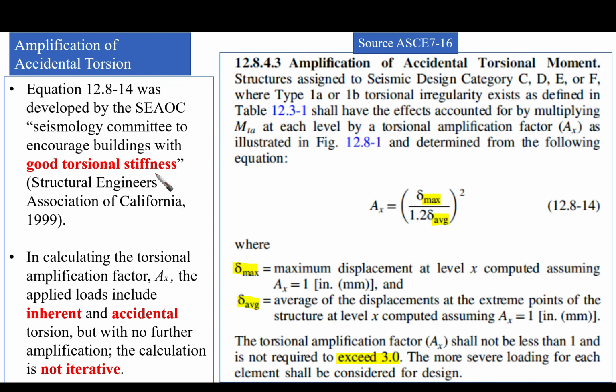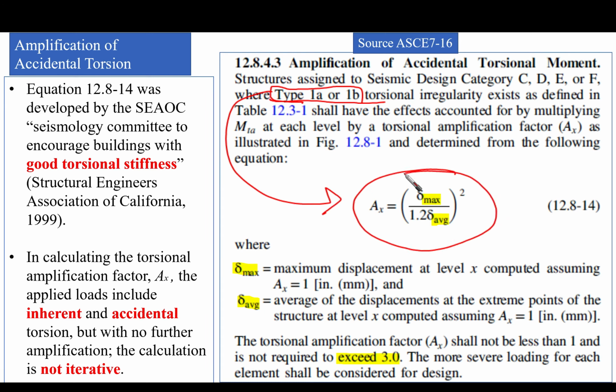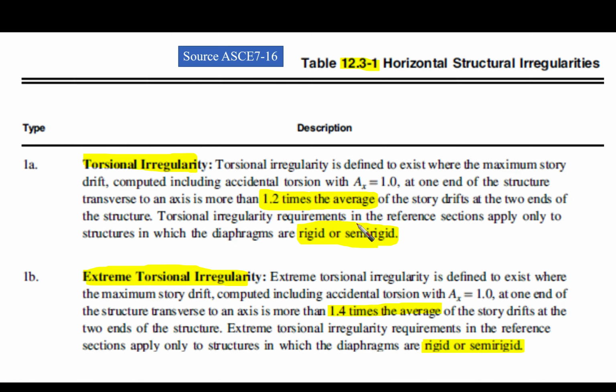And after that, in order to put some penalty on structures with horizontal irregularity 1A and 1B, we are going to apply an amplification factor on the accidental torsion. We said that it is a historical provision to encourage buildings with good torsional stiffness. And we mentioned that the inherent and accidental torsion should be used for the calculation of the components of this amplification factor.